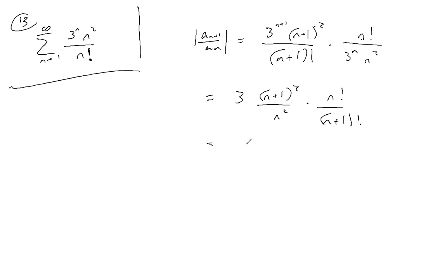Let's see, what do we get? We could combine these squares. We end up with this, right? Now the question is, what's the limit of this thing as n goes to infinity?